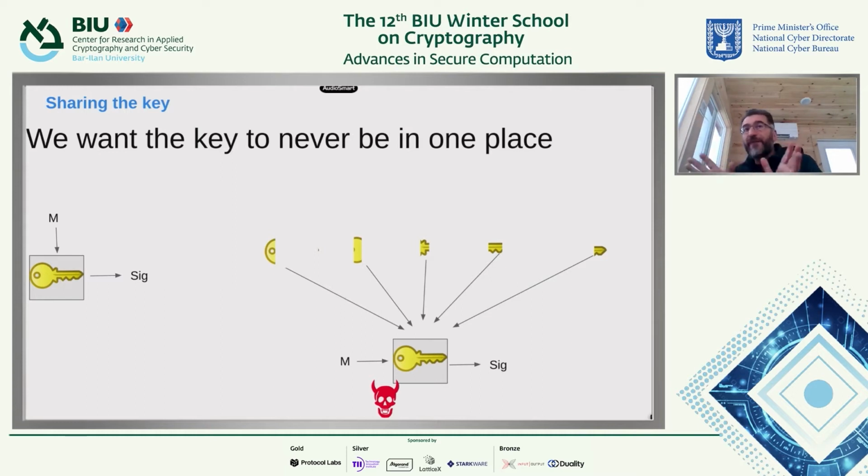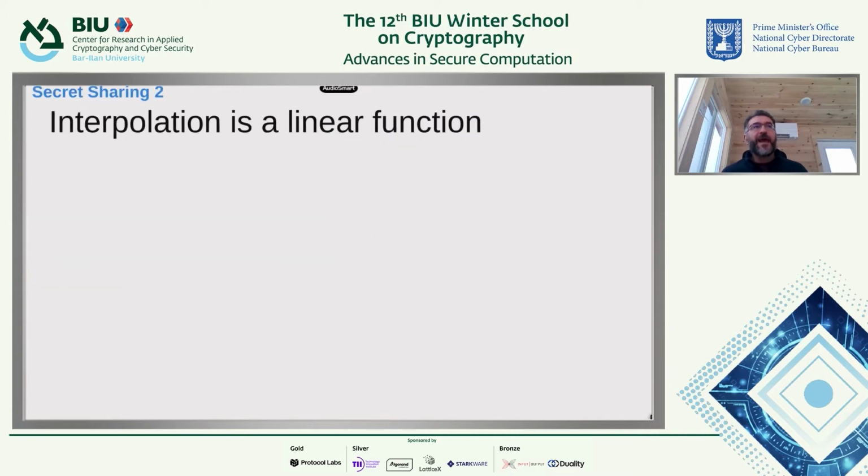So we don't ever want to reconstruct the key in one place, because that will create, again, a single point of failure. Our goal is to compute the signature directly from the pieces that each player holds. Here we're going to use a very simple fact about polynomial interpolation, which is that it is a linear function.